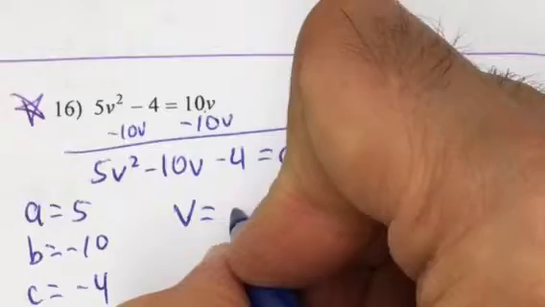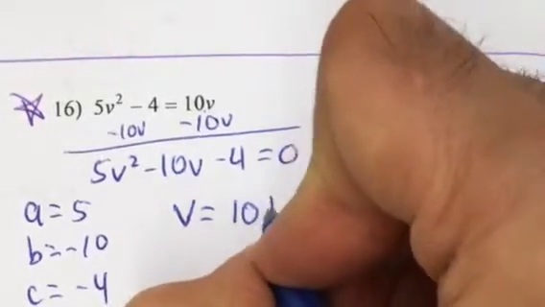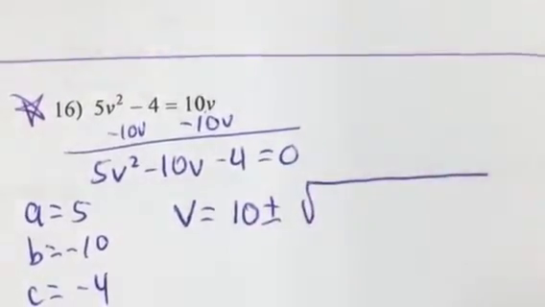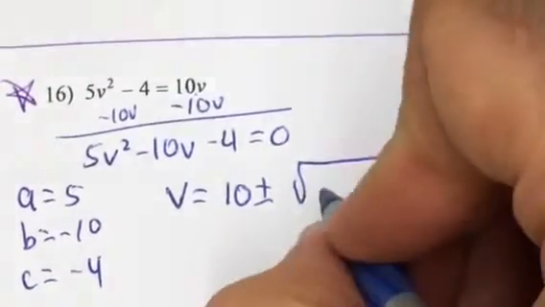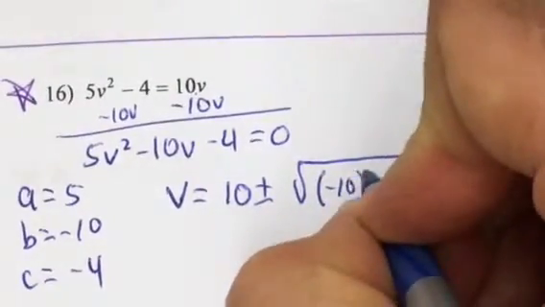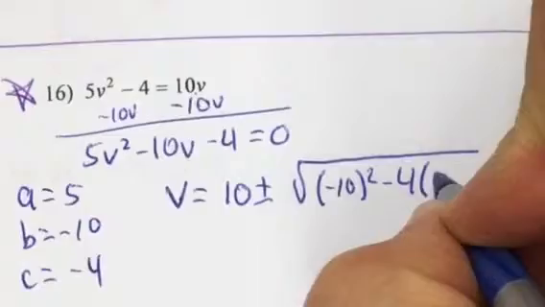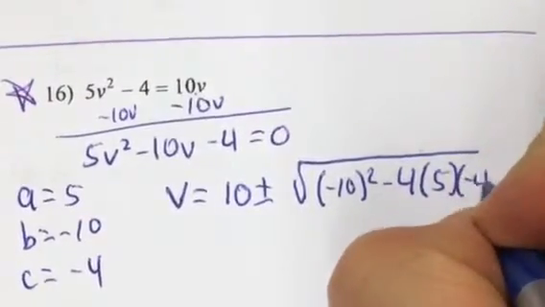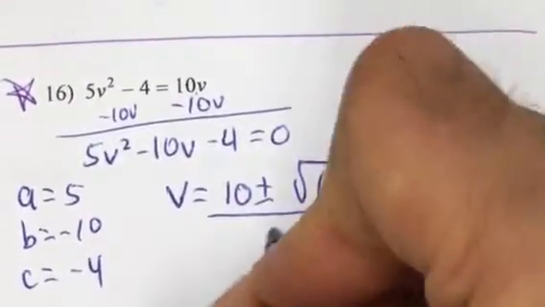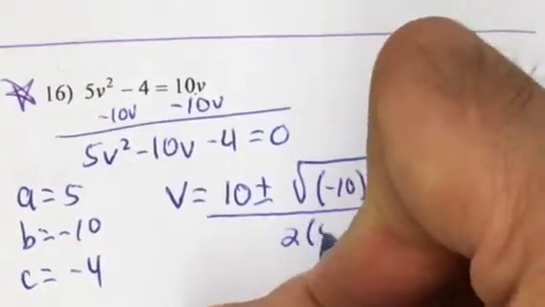V equals the opposite of B, positive 10, plus or minus the square root of B squared, negative 10, minus 4AC, all over 2A.